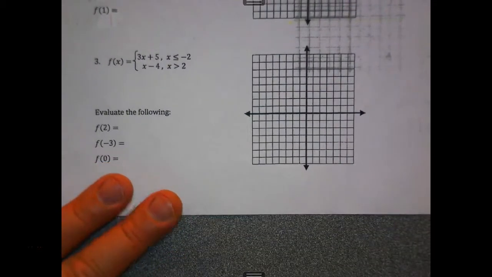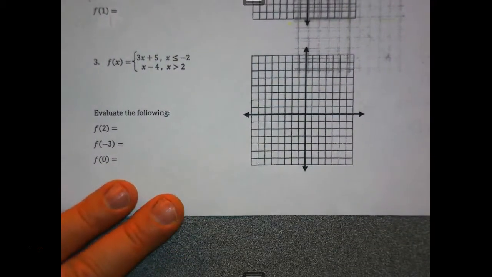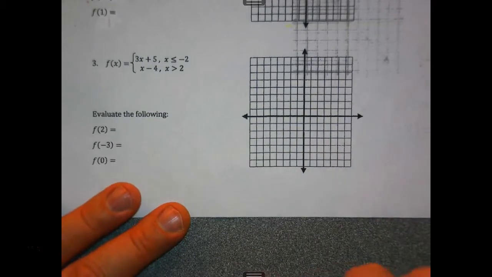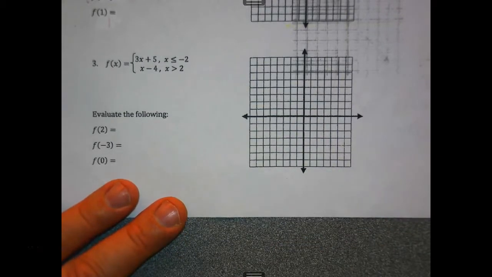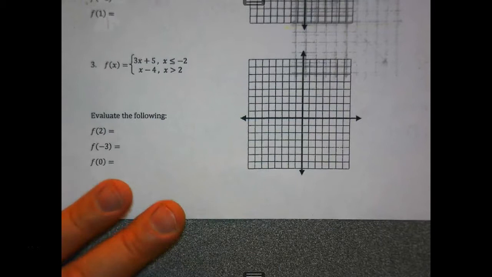Should we do one more? Are you guys good with this? We could do number 3. Yeah, you see that problem probably confused. All right, what's our boundary lines here?